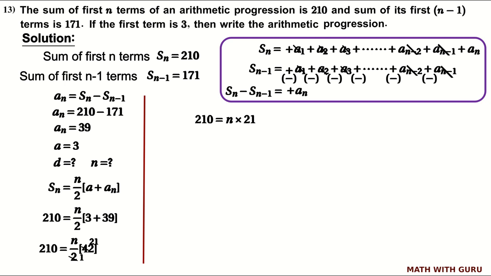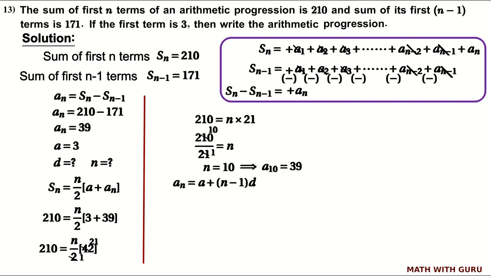Then 210 equals n into 21. 210 divided by 21 equals n. 21 ones are 21, tens are. n equals 10. This implies A10 equals 39.